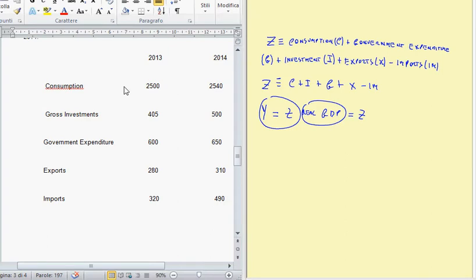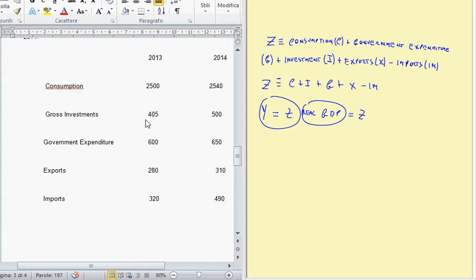Using this table, we have the level of consumption, gross investment, government expenditure, and exports and imports for the years 2013 and 2014. We can compute the level of the equilibrium GDP or equilibrium output in 2013 and 2014 using these components of aggregate demand.